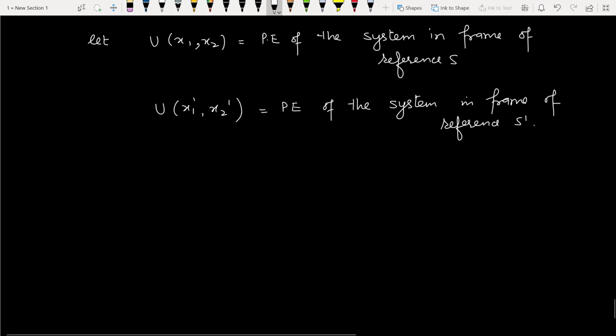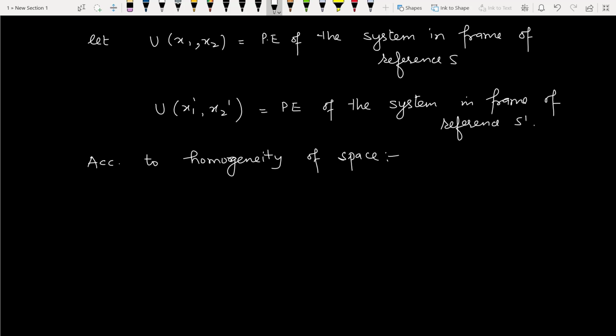So what does the homogeneity principle say? According to homogeneity of space, potential energy does not depend upon choice of frame of reference, because it is due to the mutual interaction between the two particles.